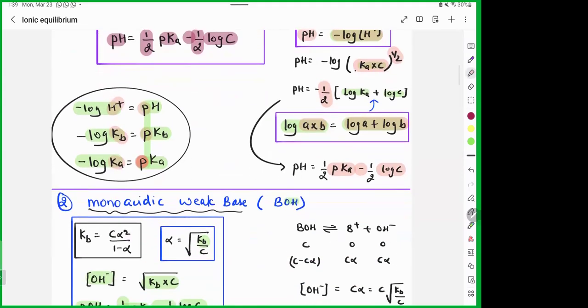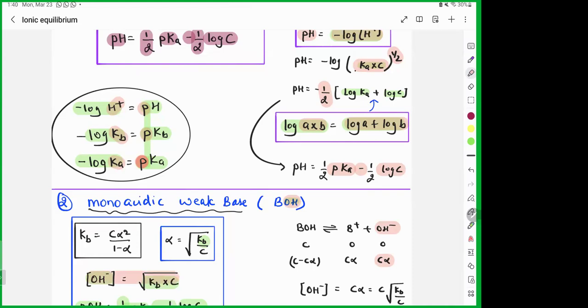Exactly same thing in monoacidic weak base. Base that produces only one OH negative ion. In this case, your OH negative ion concentration will be same, C alpha. Then OH negative concentration will be exactly same, Kb into concentration under root. Remember for acid, it was Ka multiplied by concentration.